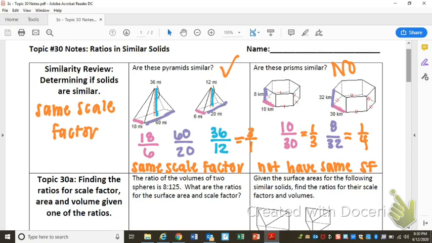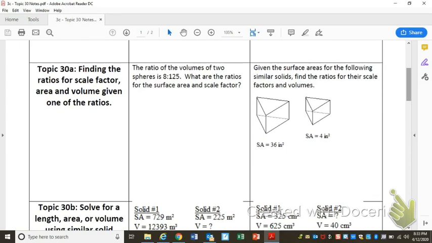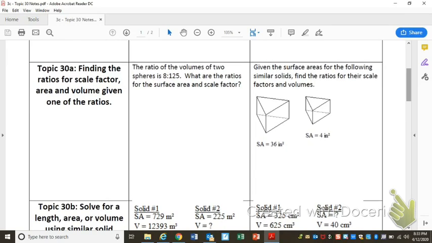All right, the last thing we're going to cover in this particular video is just the baseline. We're going to use this idea the whole time that we are doing ratios in similar solids. So this is finding the ratios for either the scale factor, the area, or volume given one of those ratios.